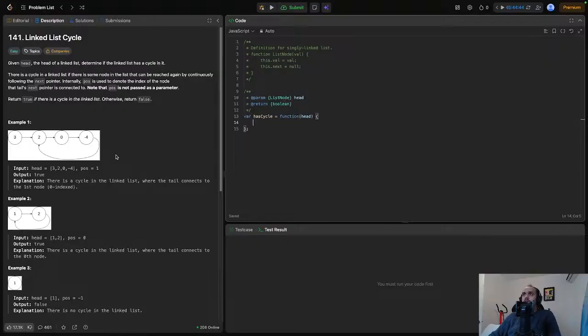And if there's not a cycle, question mark. But the idea is that you can do it in a very small amount of memory, whereas you might think that you have to use a map to solve it.